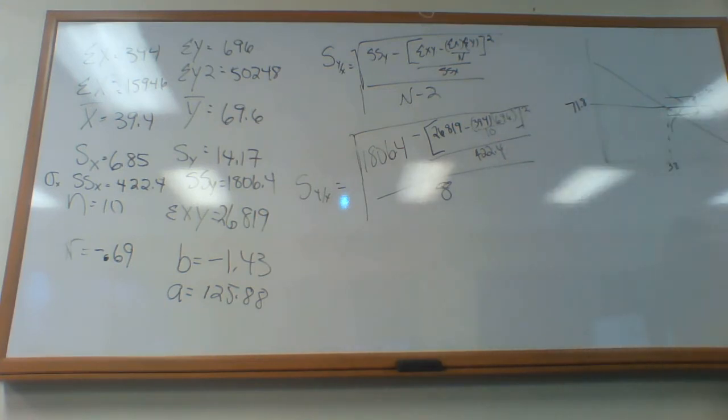So if you're going to do it the raw score way, we can see how long it would take. You can sort of time me here. 5 minutes already. 10.86, 10.87 rounded.